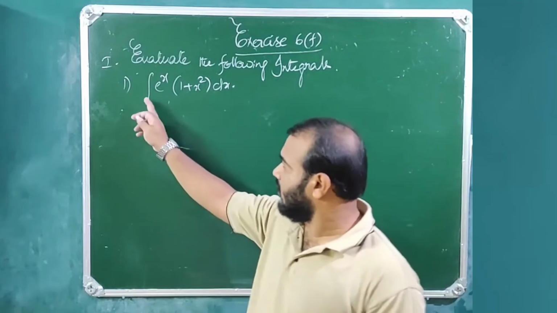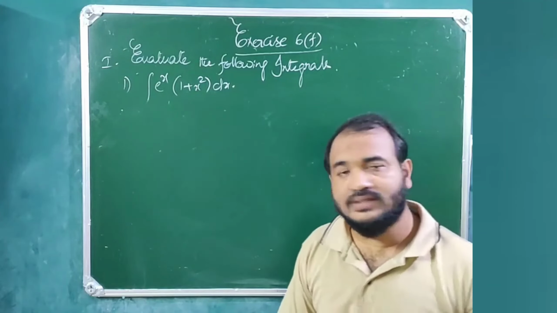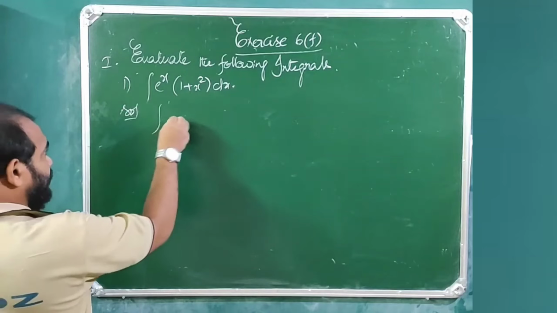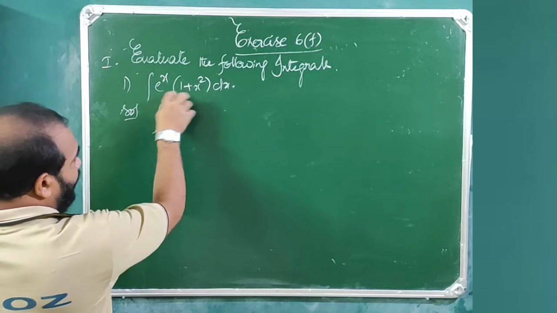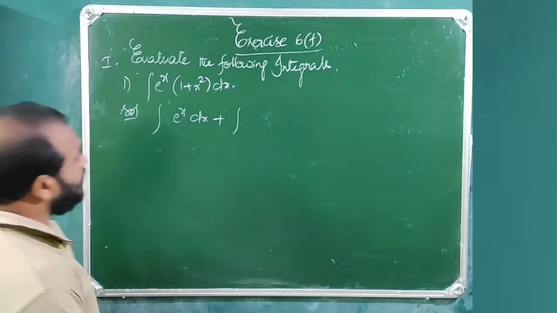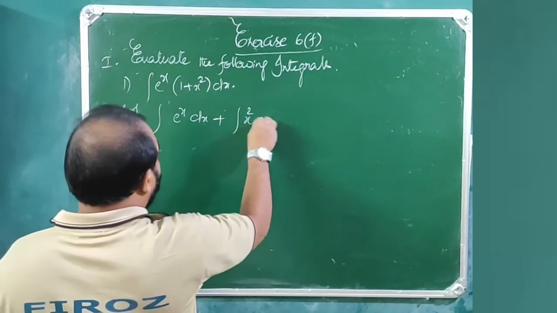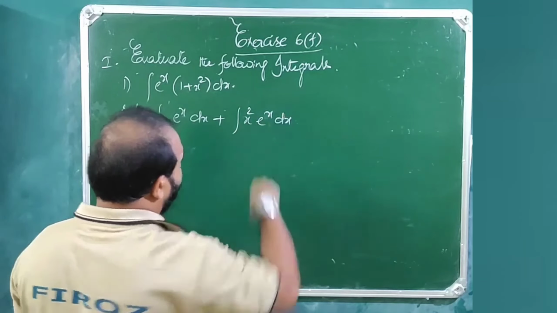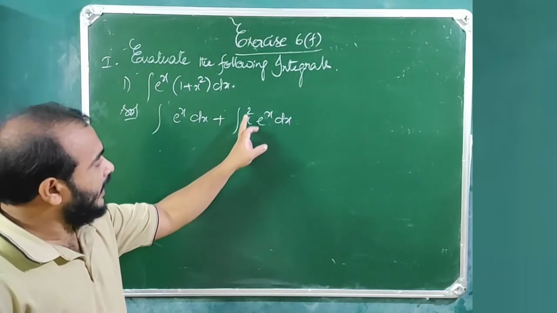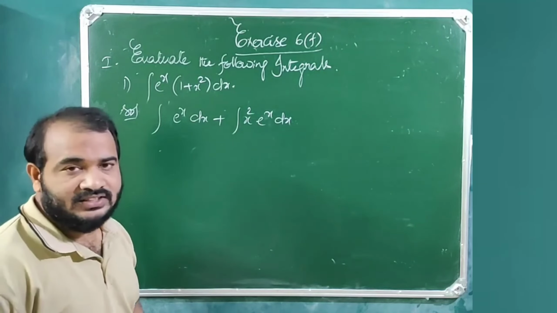So the very first question is integral e^x (1 plus x^2) dx. So this is equal to e^x times 1, which is e^x dx, plus x^2 e^x dx. So this is of the form integral x^n e^(ax) dx.